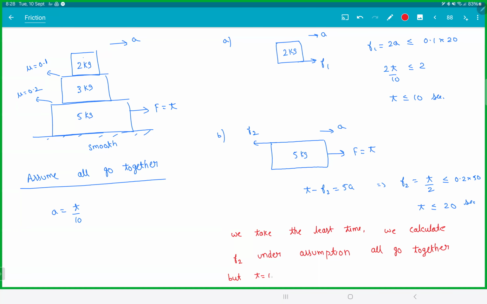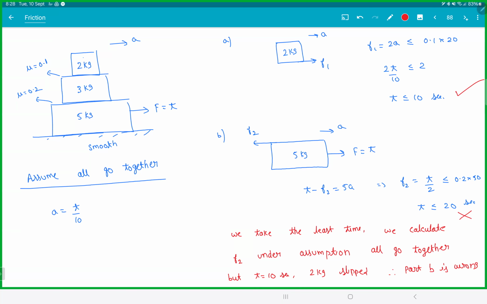But at T is equal to 10 seconds, 2 kg slipped. Therefore, case B is wrong. So this you have to calculate. It's not an option, but this is wrong. This is right.